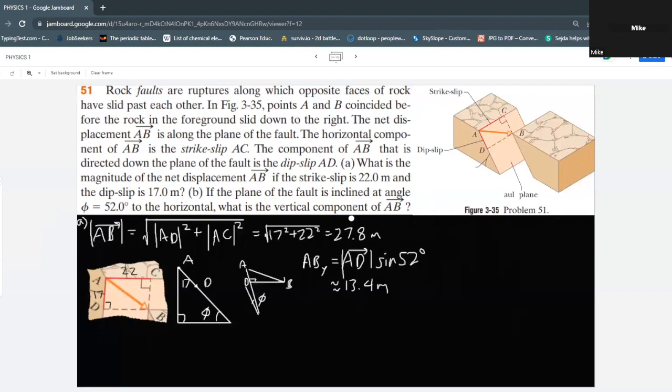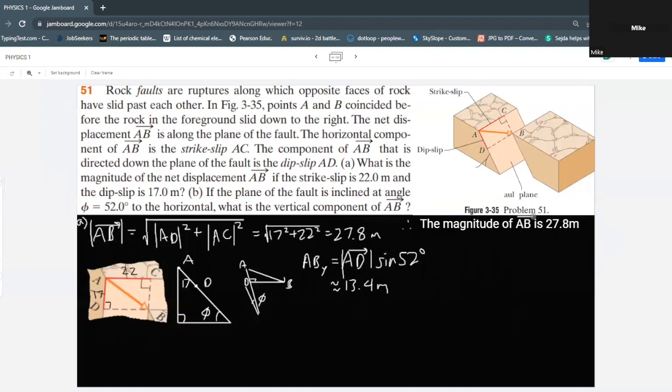Okay, so therefore, the magnitude of AB, actually, let's write it. Therefore, the magnitude of AB is... Tapos lagyan mo na ng vector sign sa ibabaw ng AB para clear.